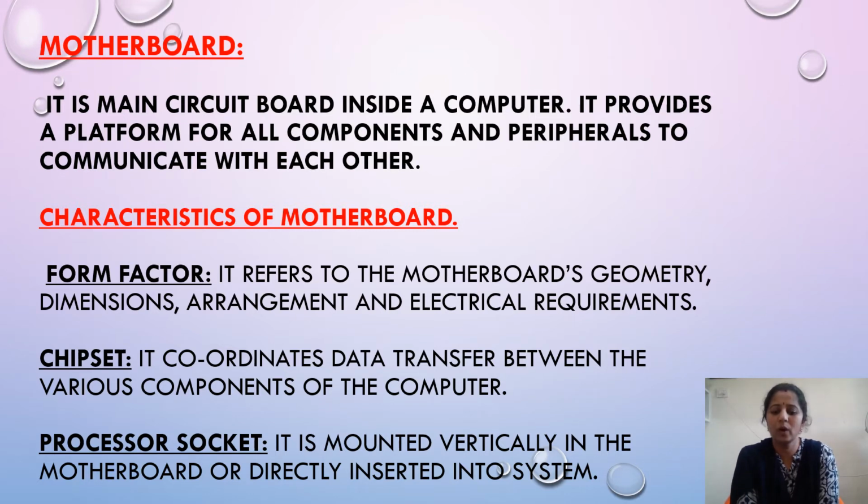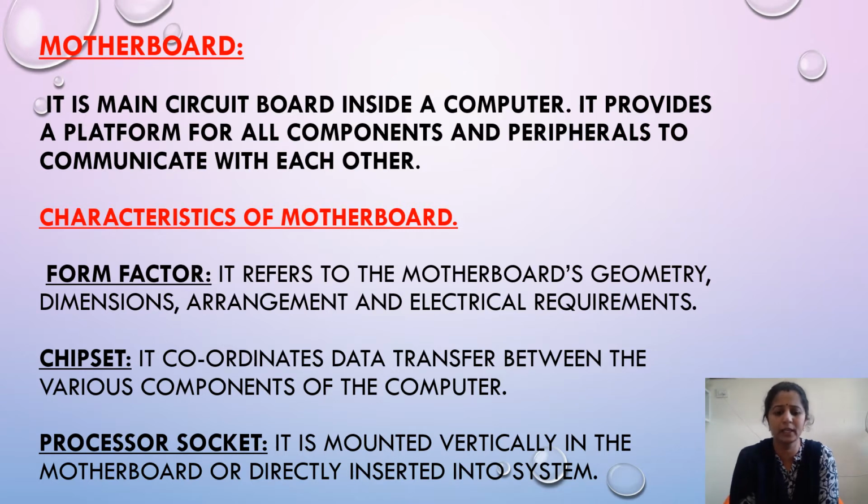Chipset coordinates between various components to transfer data from one component to another. That is, the coordination of data transfer between various components of the computer is decided by your chipset. Processor socket: processor means your microprocessor.